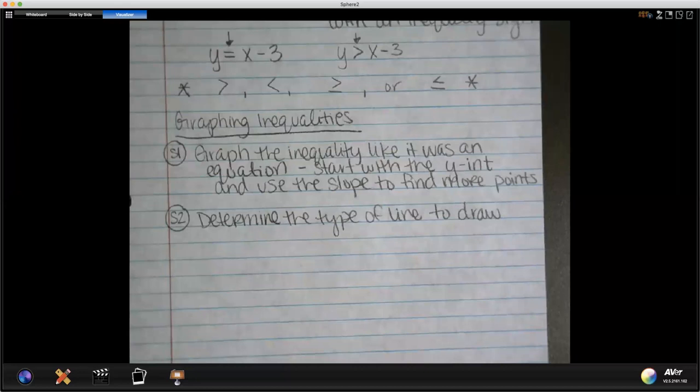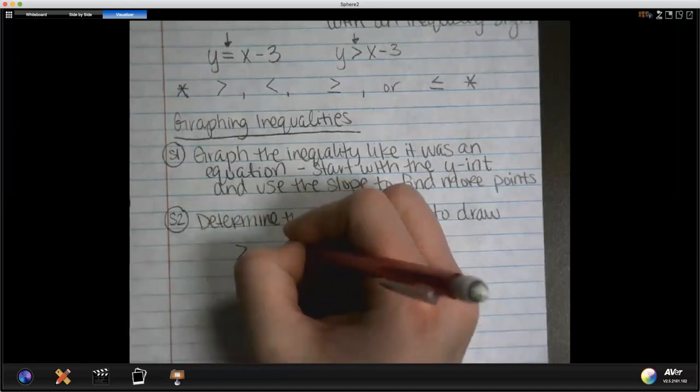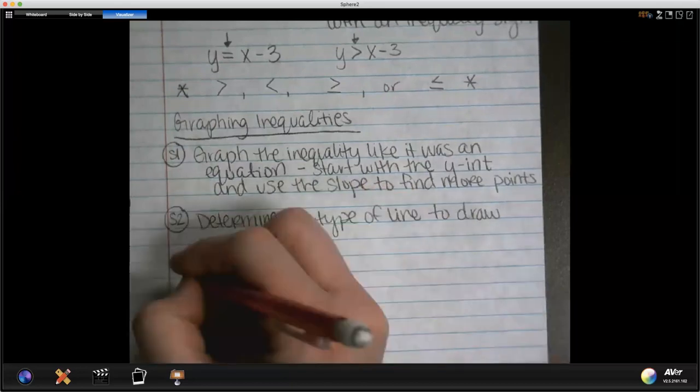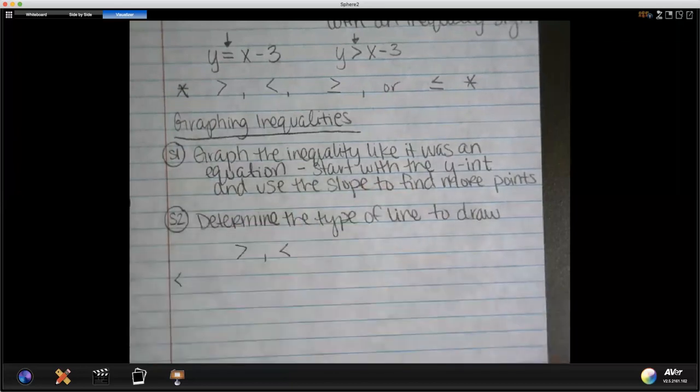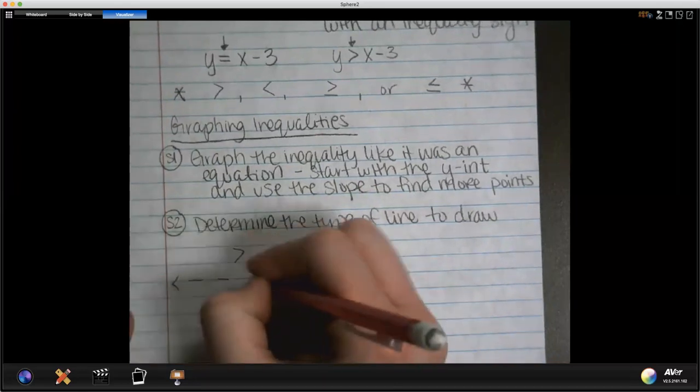It was open or closed, shaded in or not. So a similar concept, we are going to have either a solid line or a dashed line to indicate the differences. So when we have greater than or less than, rather than having an open point, we have an open line. So it's a dashed line.